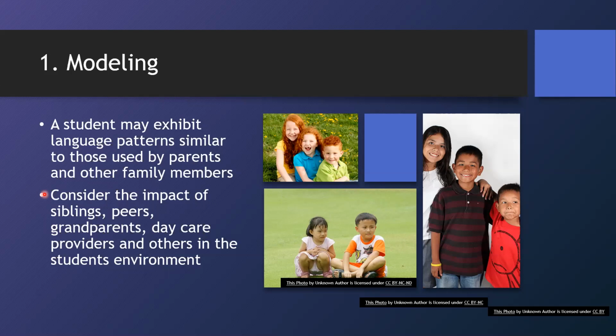But the more time you spend with other English language learners, the more likely you are to maintain the characteristics of those folks too, which is not the end of the world. It's just something to consider.